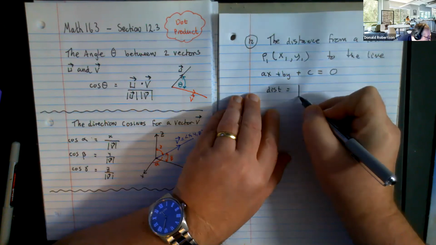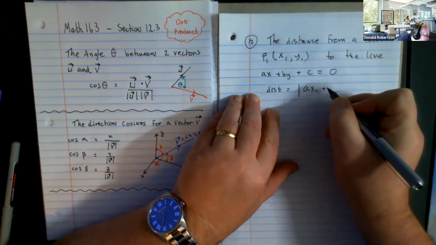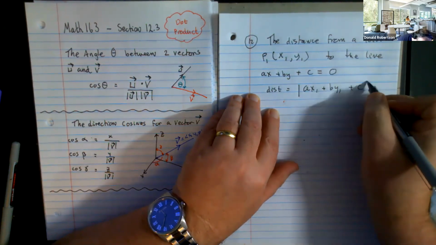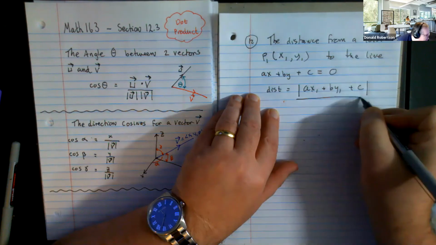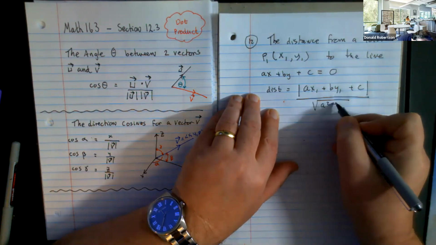It's the absolute value, that's just to make sure that it's positive, of ax1 plus by1 plus c divided by the square root of a squared plus b squared.